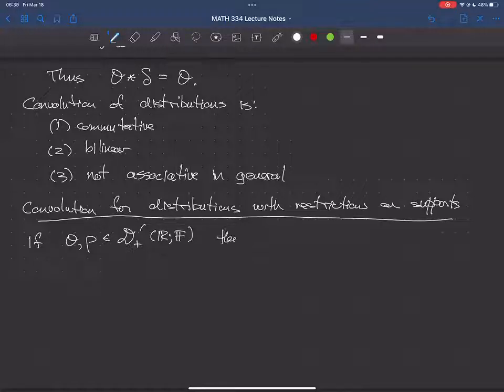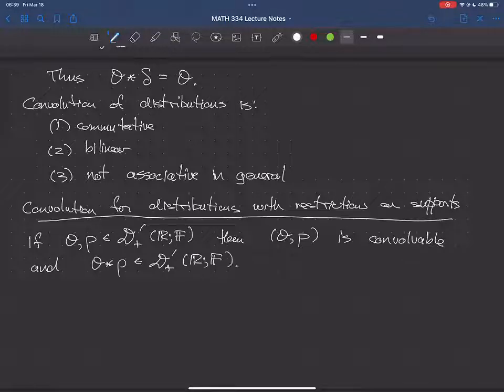Then it's always the case that the distributions can be convolved, and the convolution also has support bounded on the left.